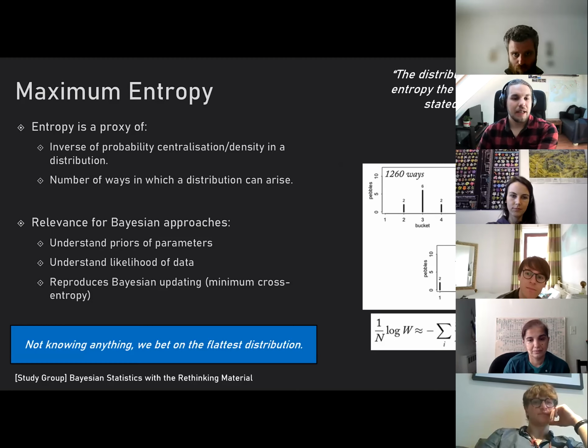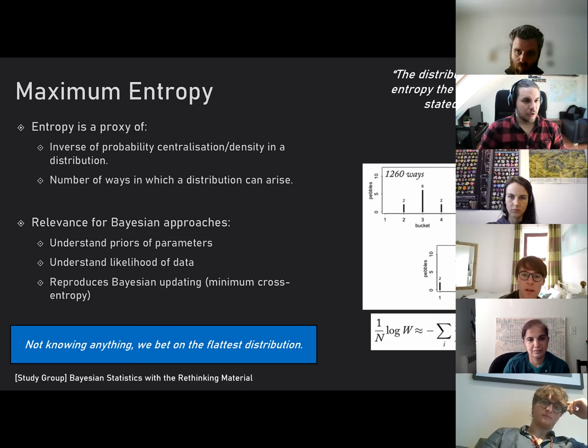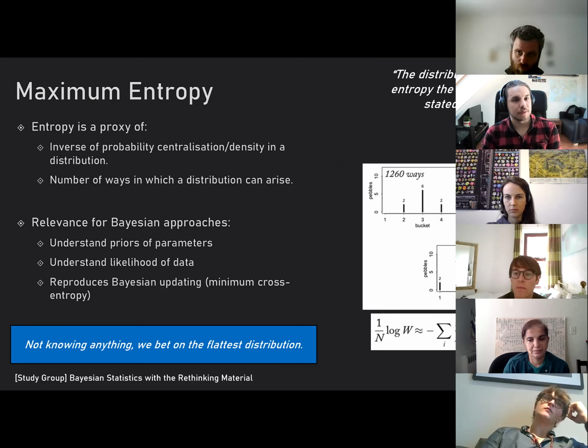So without knowing anything, we would like to bet on the flattest distribution, which comes all the way back to uninformative priors, which are just completely flat. But usually we know enough that we don't want to bet on a completely flat distribution because we actually have some understanding or intuition about what we want to look at.